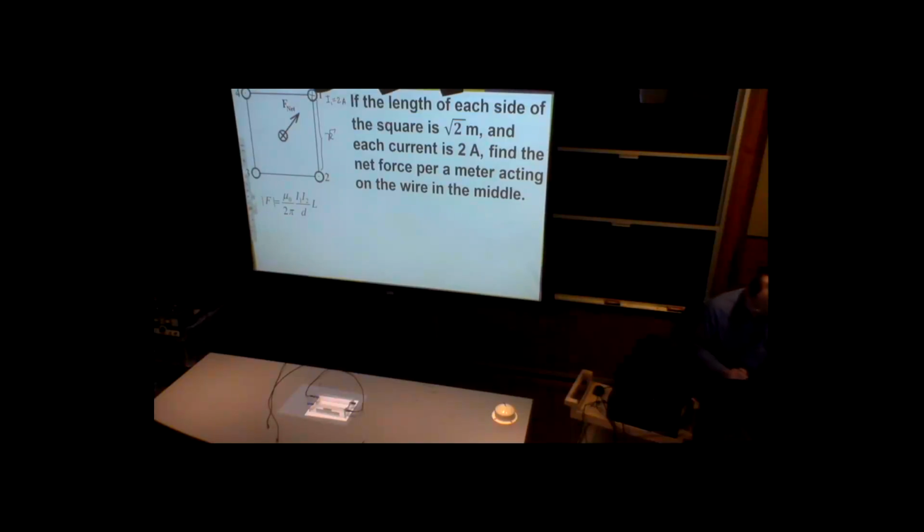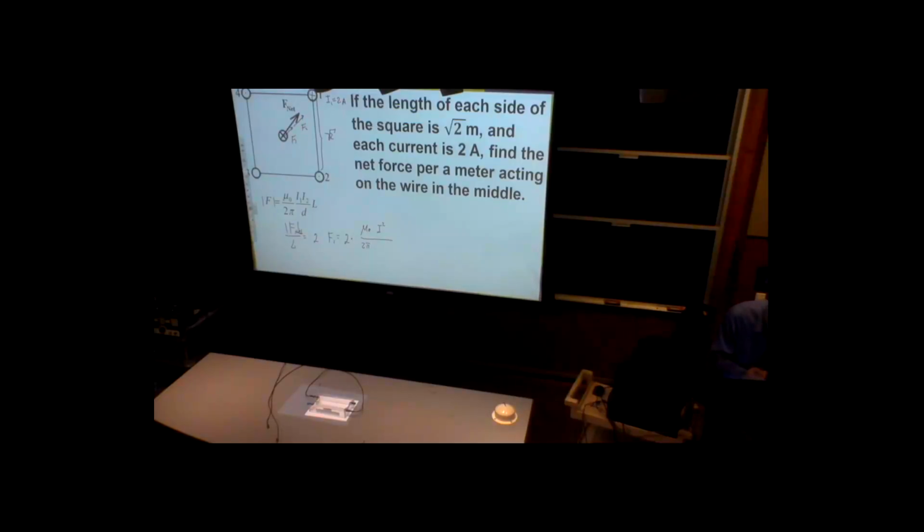And that's what we're actually calculating here. Net force per meter. Well, we just said it has to be equal to the sum of two forces, and they have to be equal to each other, same current, same distance, so it's basically 2 times 1 force. Which one? Doesn't matter. 2 times mu over 2 pi I squared, because it's the same current.